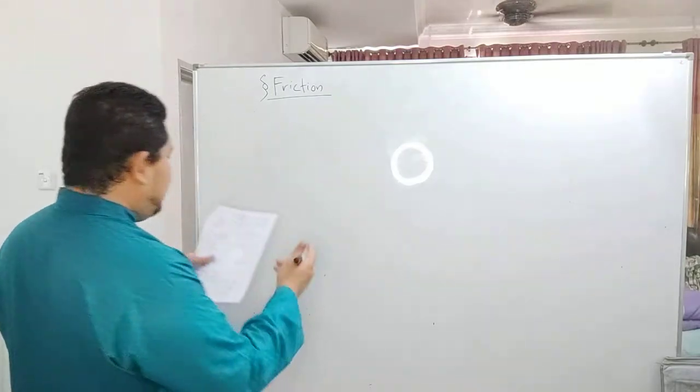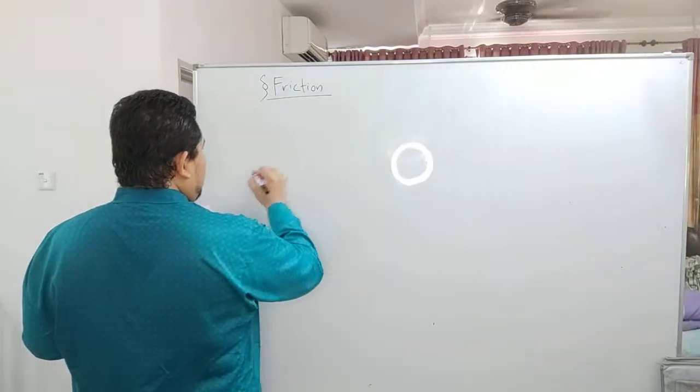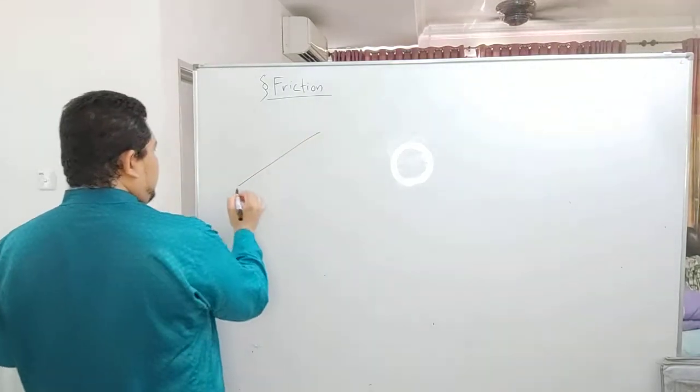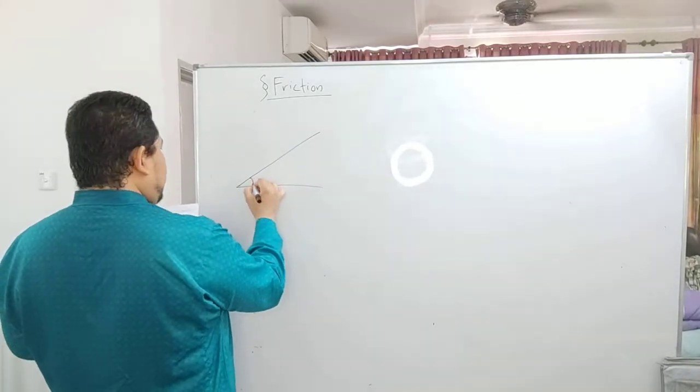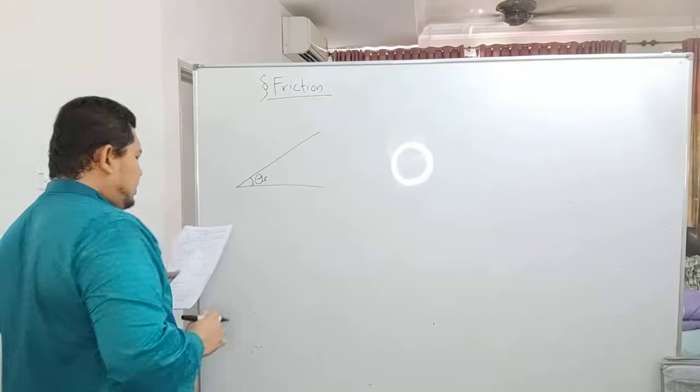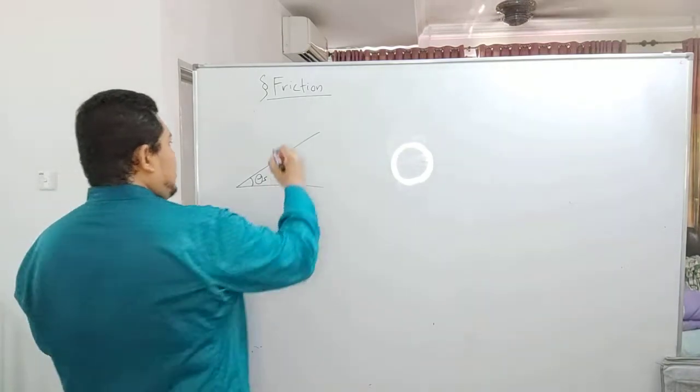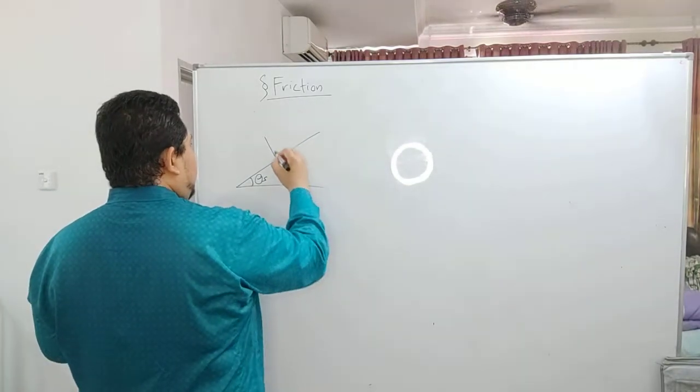This is an example: you have an inclined surface with the angle theta S, and then you have an object over here.